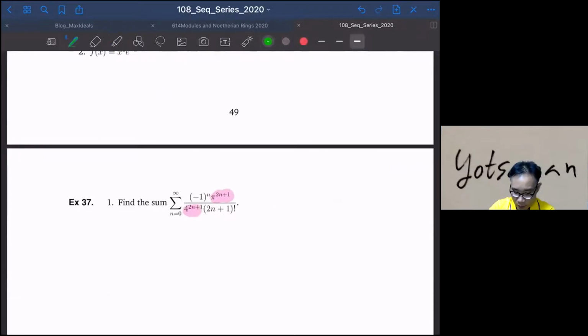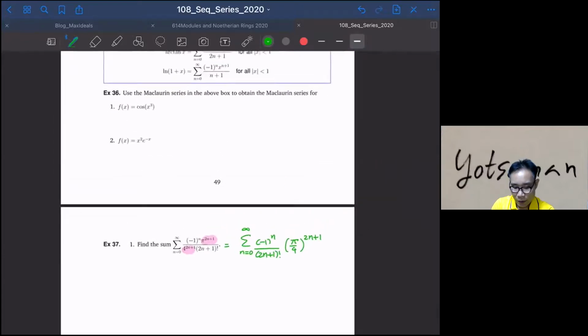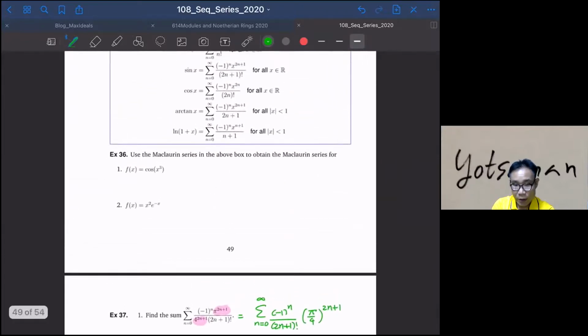So for this guy, it can be written as negative 1 to the n over 2n plus 1 factorial, and you have pi over 4 to the 2n plus 1. And you compare with the thing that you have known in this box.